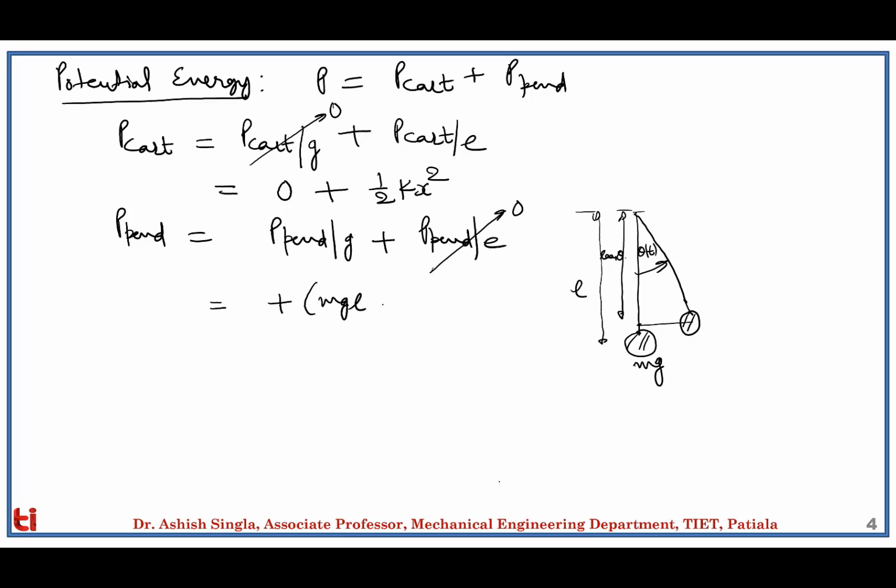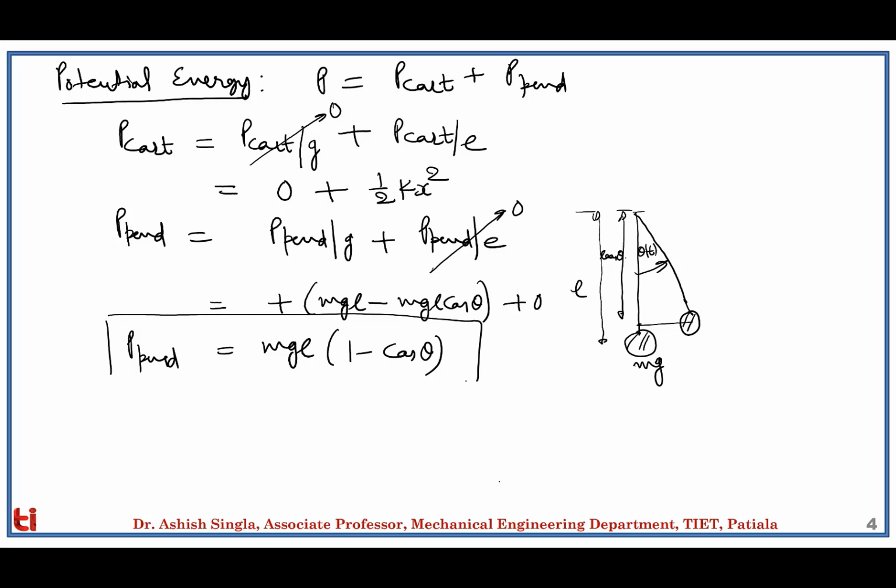So mgl, that is our original position, minus mgl cos theta, that is the final position, plus 0. We'll take mgl common, so that is 1 minus cos theta. So this is the potential energy of the pendulum.